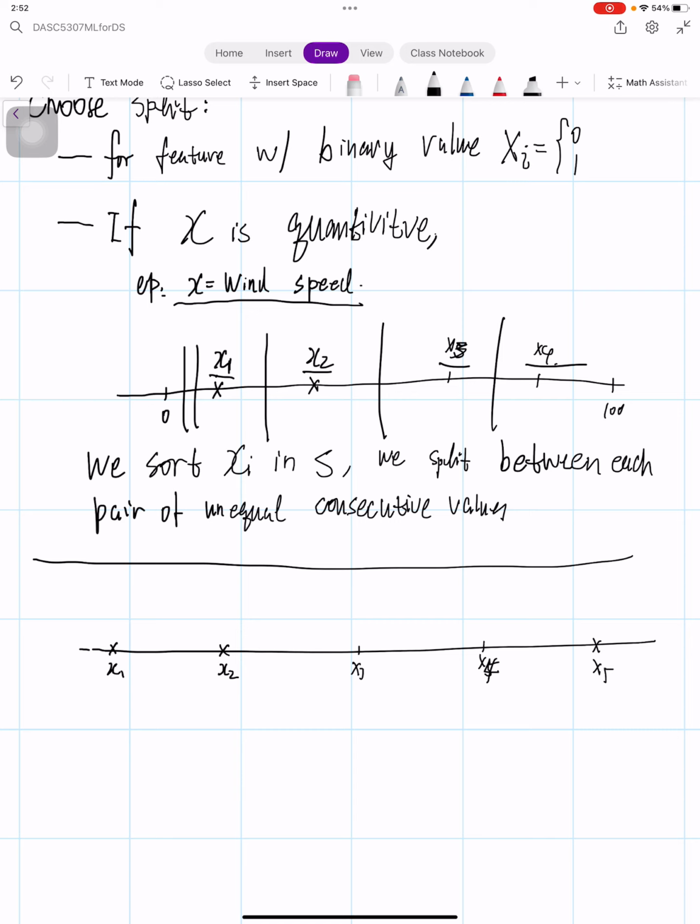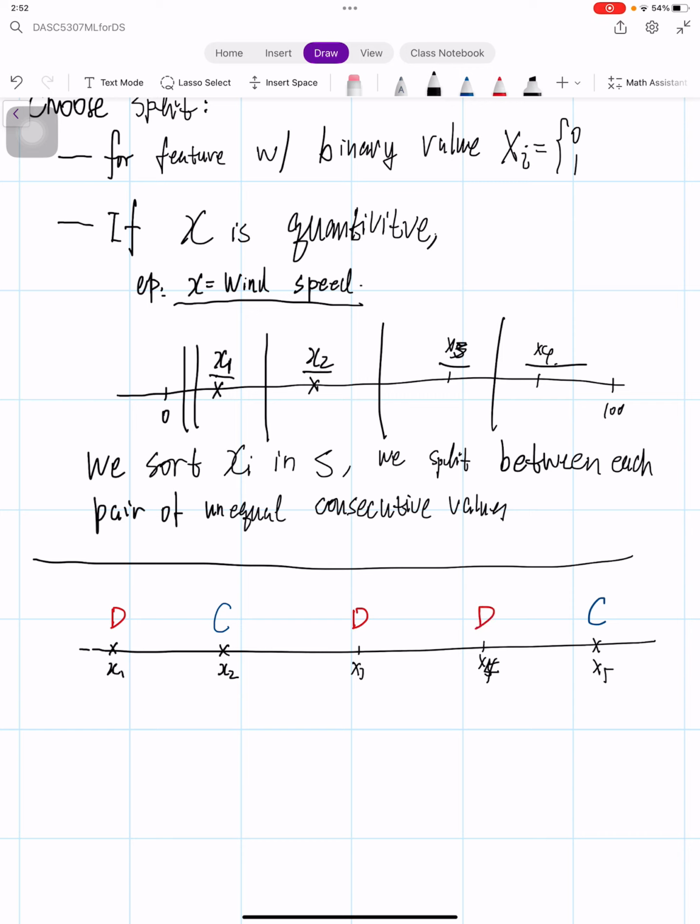And we have two labels. These two are labeled as class C, and the others are not class C, maybe class D.